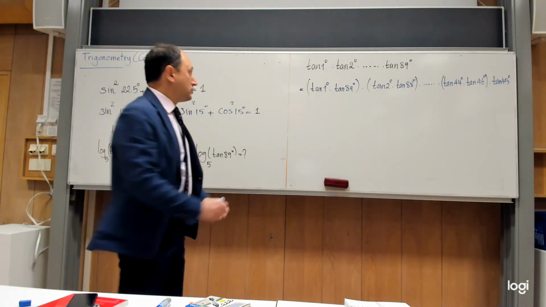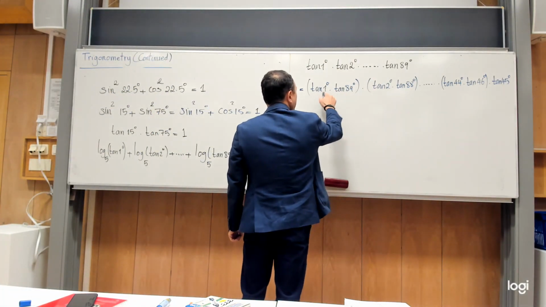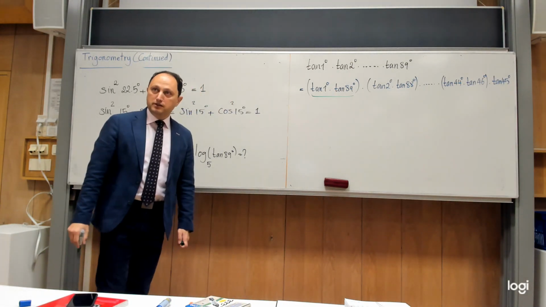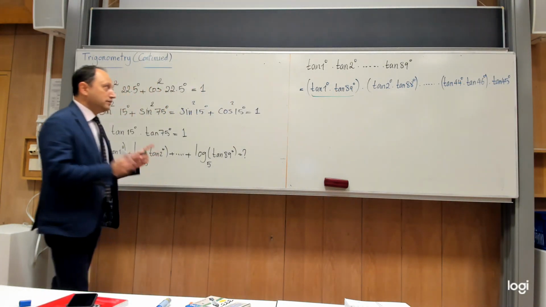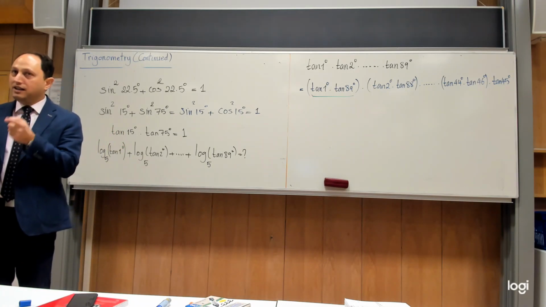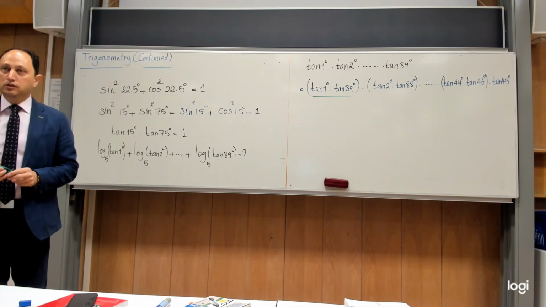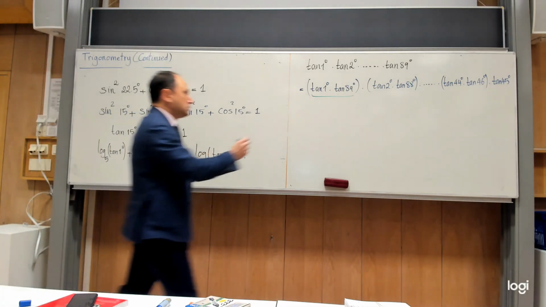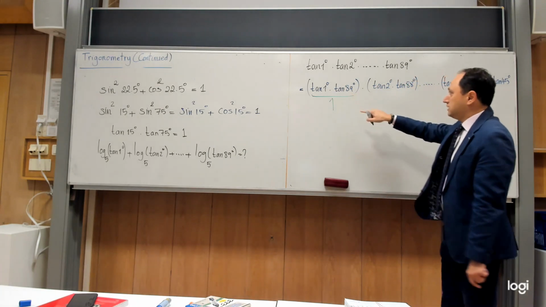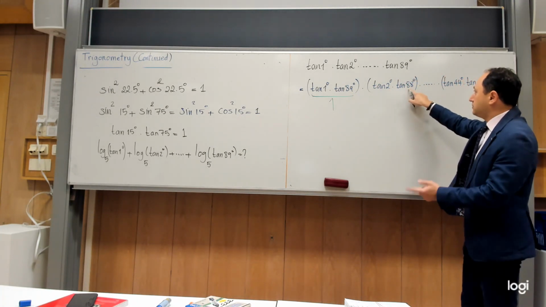And then, what was the goal? Each pair of these angles, I have chosen wisely to be complementary. And I just told you, if 2 angles are complementary, the product of the tangents is exactly 1. So this one is definitely 1 because 1 and 89 add up to 90, they are complementary. 2 and 88 add up to 90, they are complementary.